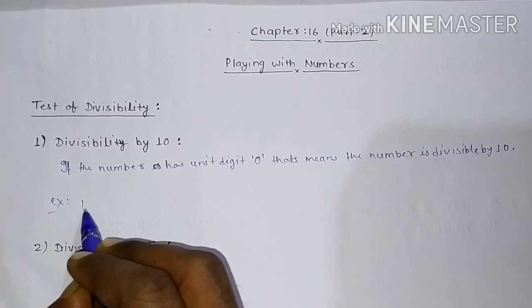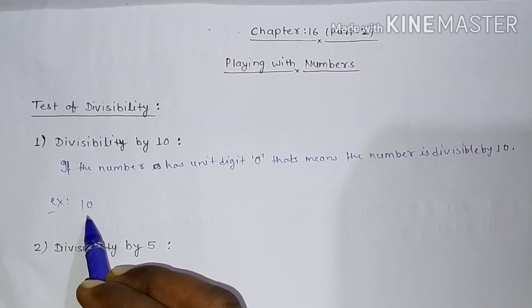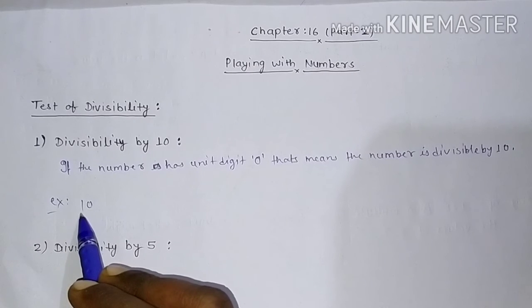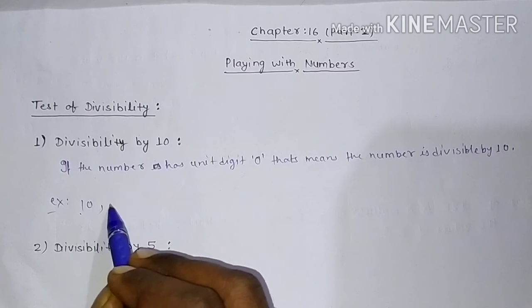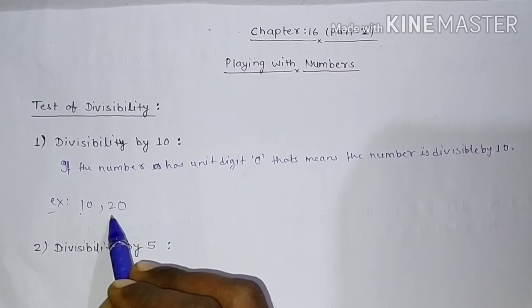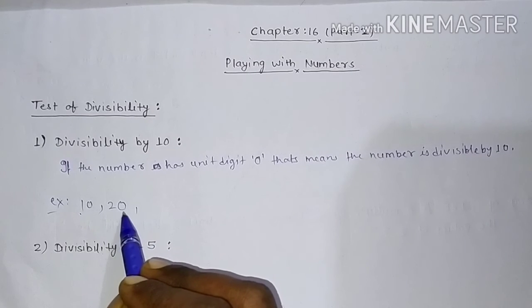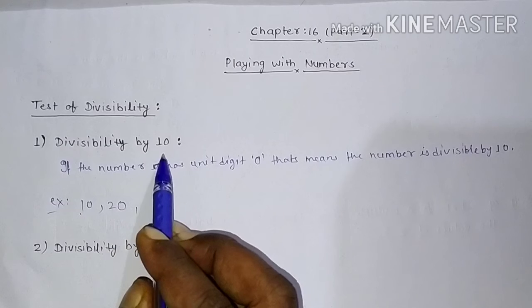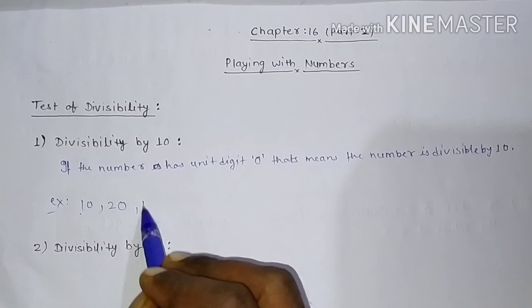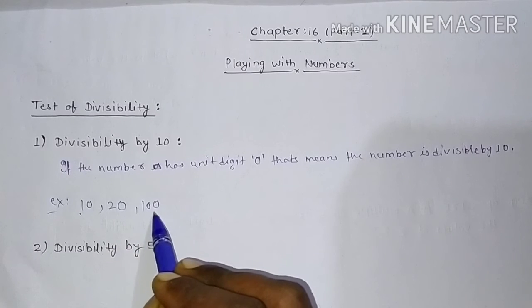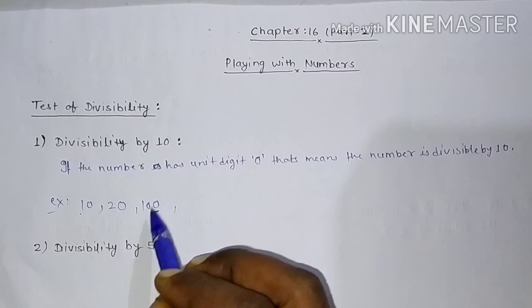Let's suppose 10 is a number having unit digit 0, so it is divisible by 10. Now 20, in this number unit digit is 0, so it is also divisible by 10. Let's suppose 100, unit digit is 0, so it is divisible by 10.